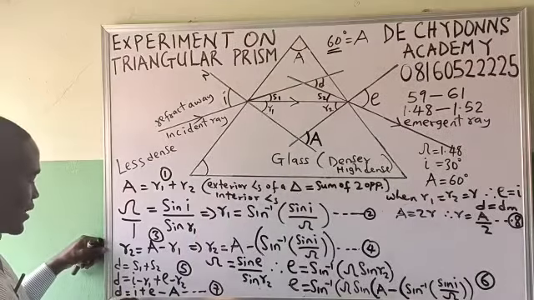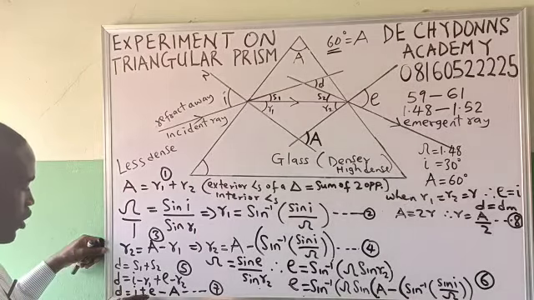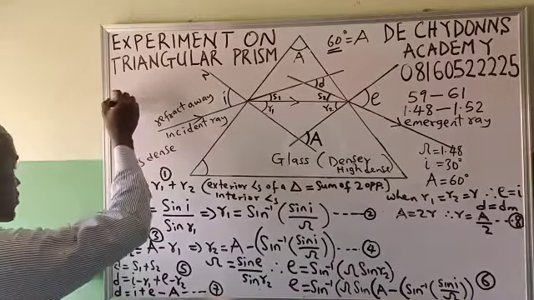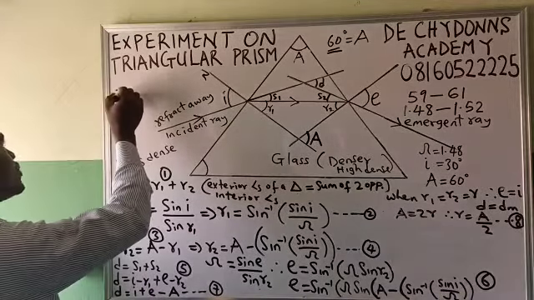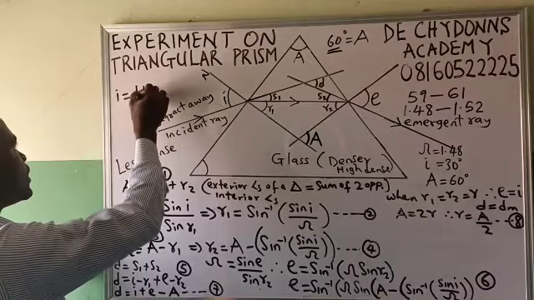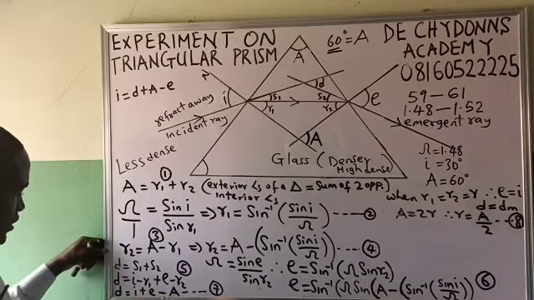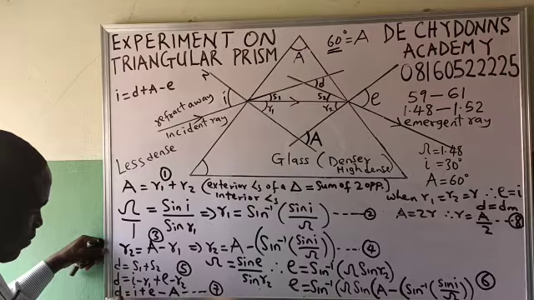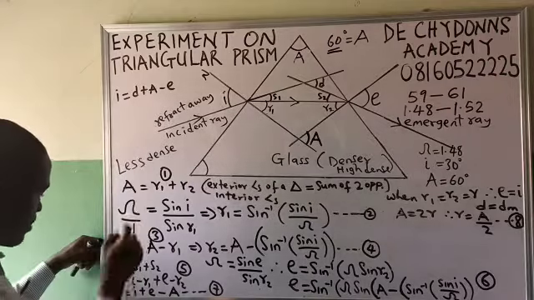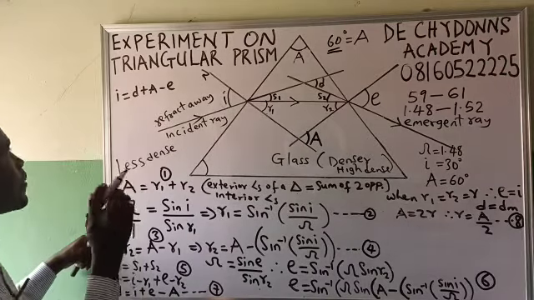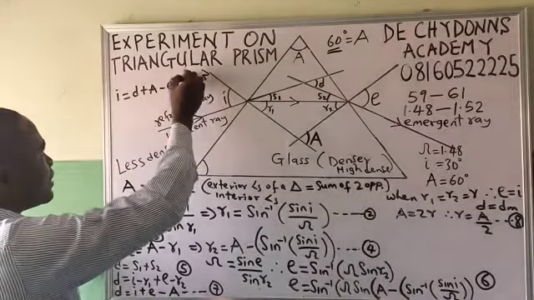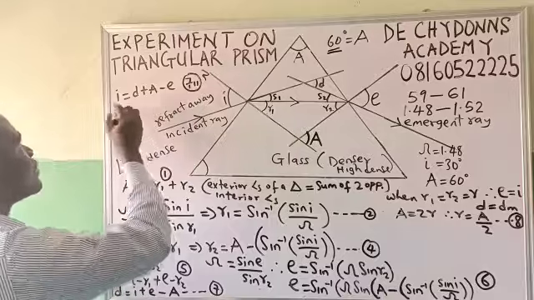Please remember that since we have D equal to I plus E minus A, if they ask you to get I, you say I equals D plus A minus E. With minus A going to that side it becomes plus A. Then D plus A minus E equals I. Call this equation 7B.